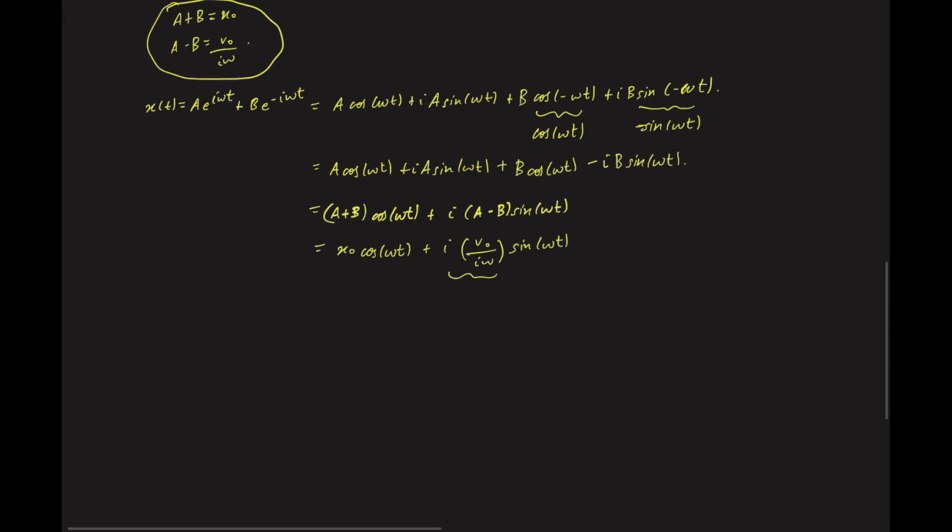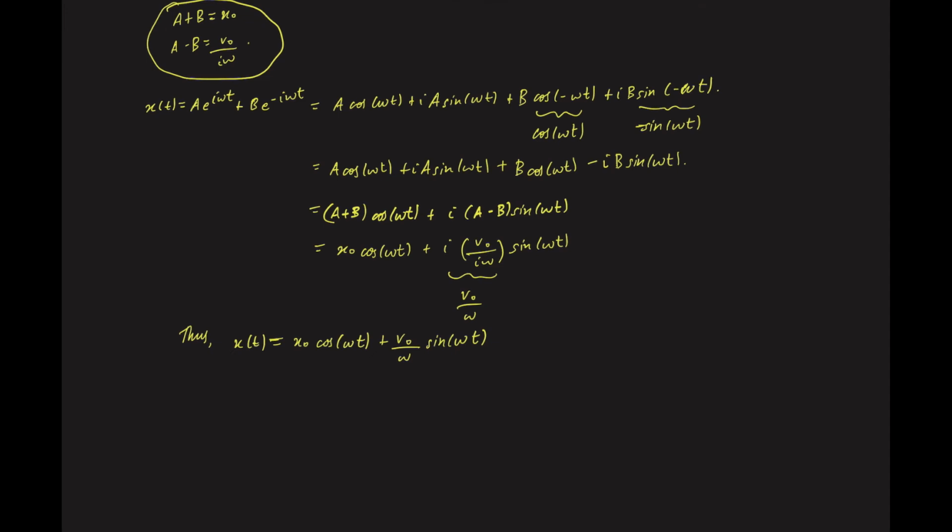In this term, we have an i in both the numerator and denominator, so this is just v naught over omega. So we get x of t is x naught cosine omega t plus v naught over omega sine omega t. And we recover the usual cosine and sine solutions for the simple harmonic motion equation.